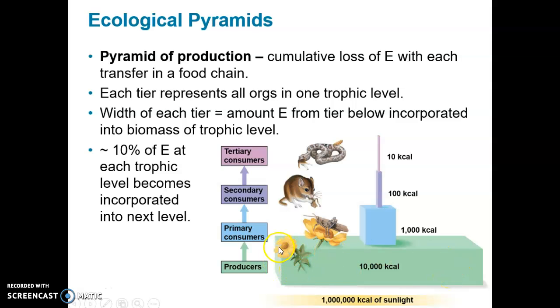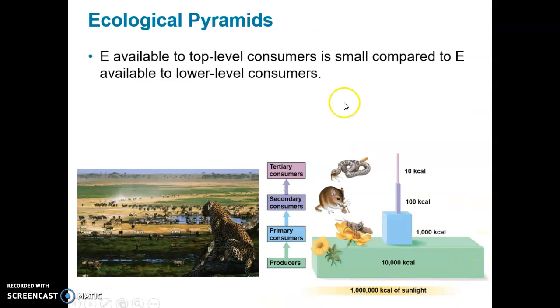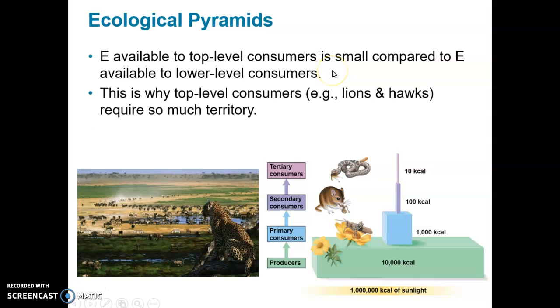So that's referred to as ecological pyramids or pyramid of production levels. So the energy available to top-level consumers is relatively small compared to the energy available for lower-level consumers. Kind of what I was just talking about.